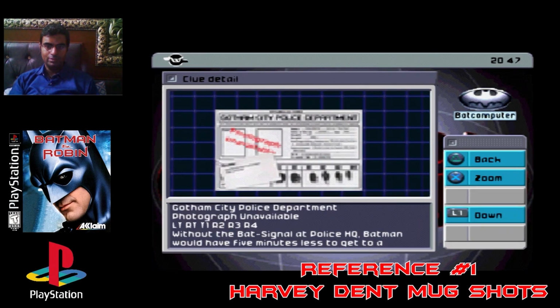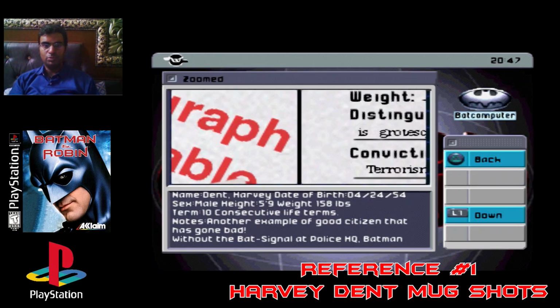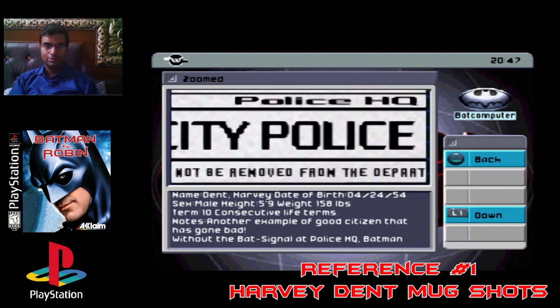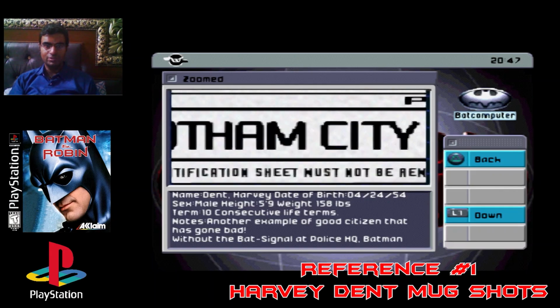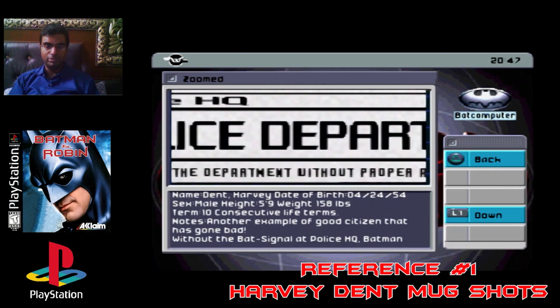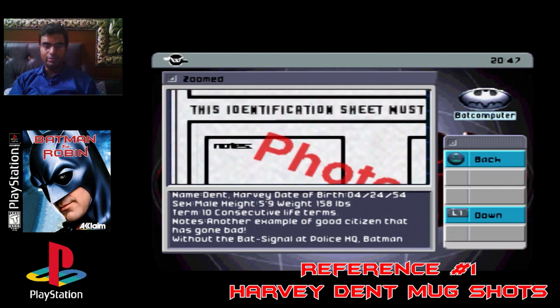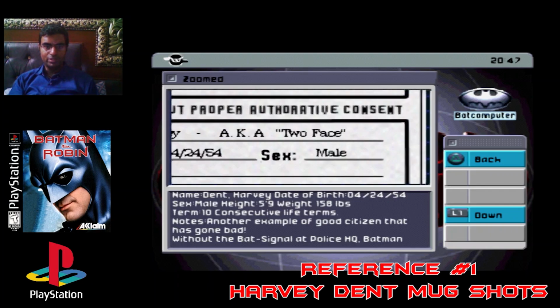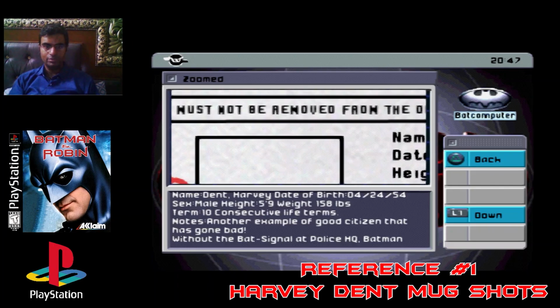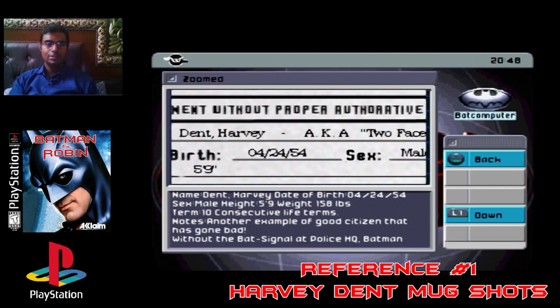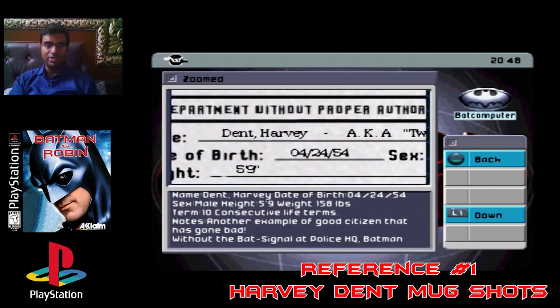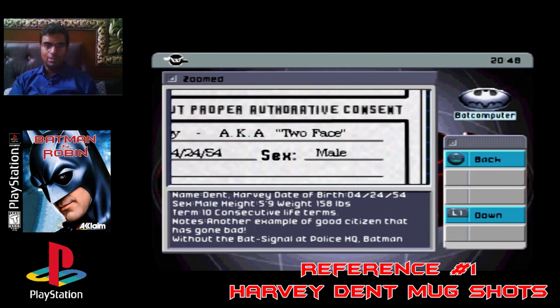and if we zoom in by pressing the cross button on my controller, then you can see it is the Gotham City Police Department, and this is basically a sheet, or you can say a criminal sheet, and the name is Harvey Dent, also known as Two-Face.